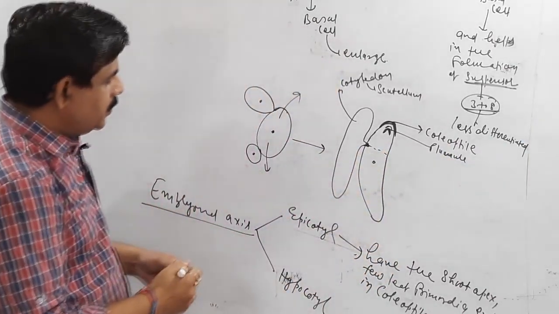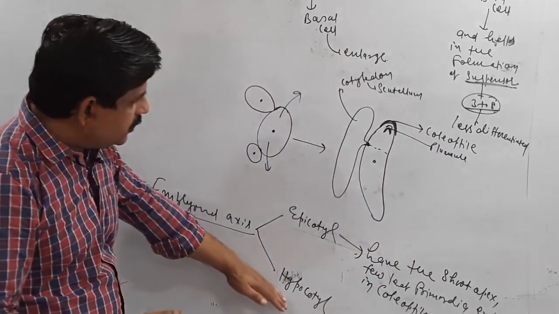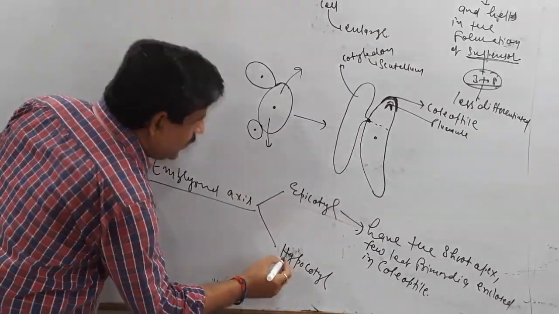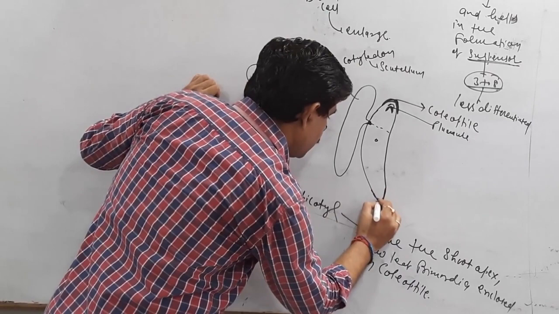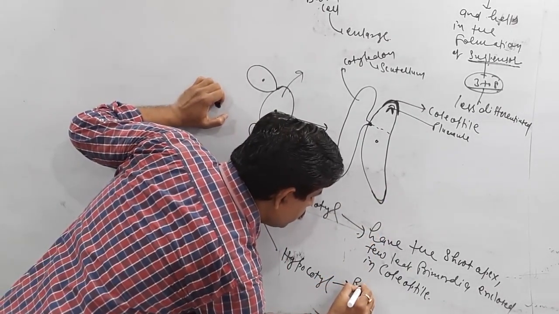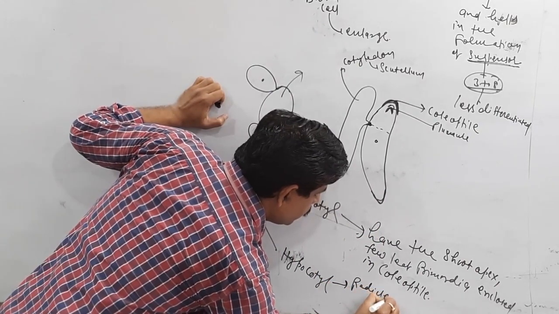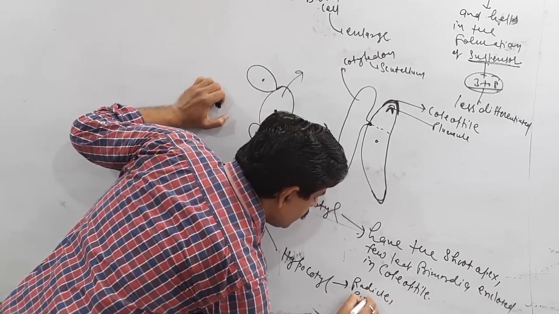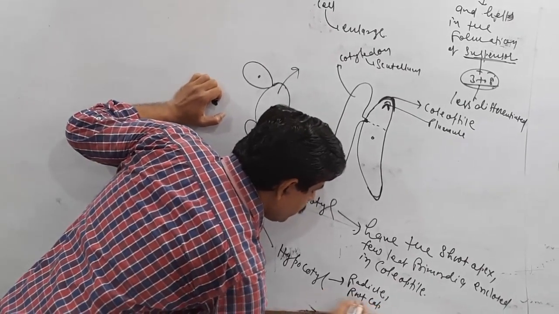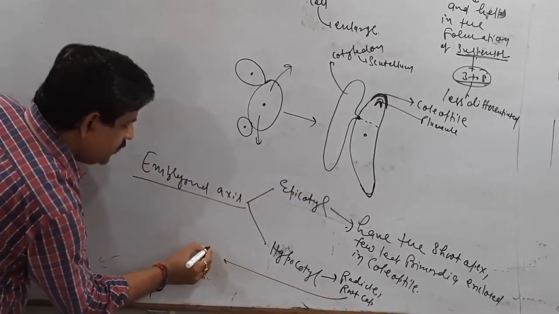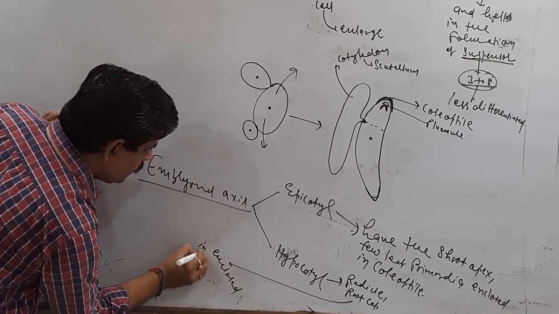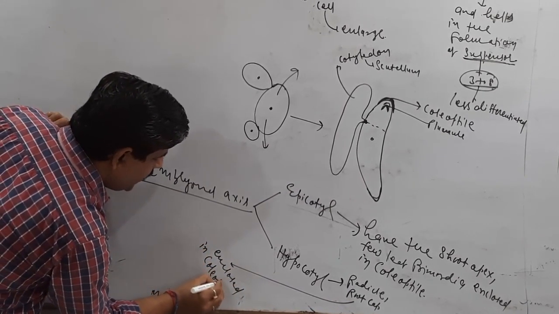The lower portion, which is below the cotyledonary node, is the hypocotyl. Hypocotyl has the radicle, root cap, and is enclosed in coleorhiza.